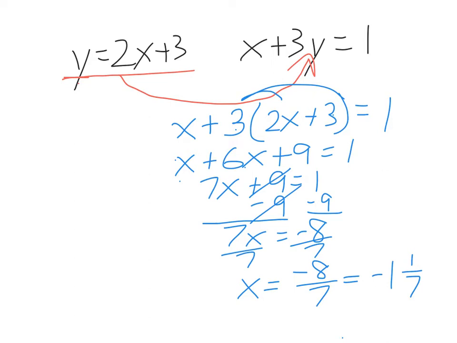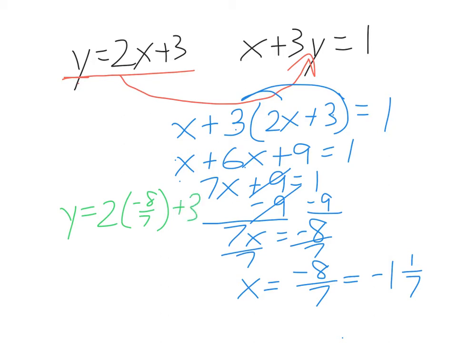So how do I find out what y is equal to? Well, that's simple. I can take what my x is and substitute it back into one of the equations to figure that out. So I can go, for example, y equals 2 times negative 8/7 plus 3.